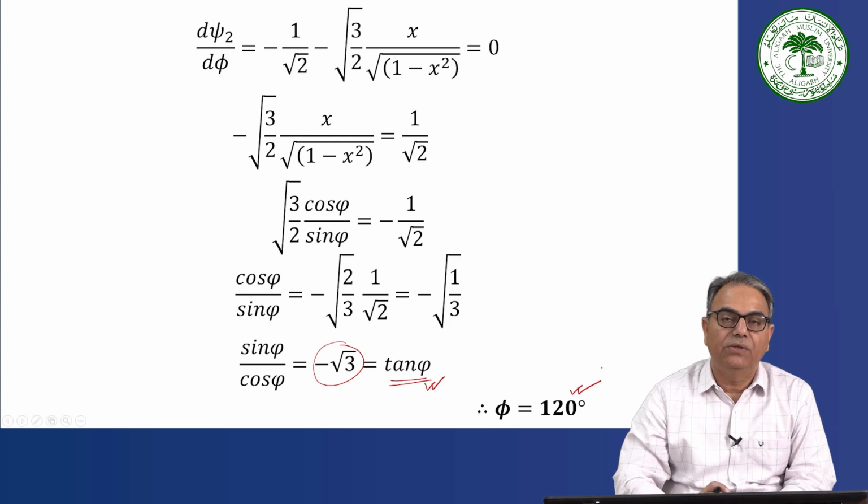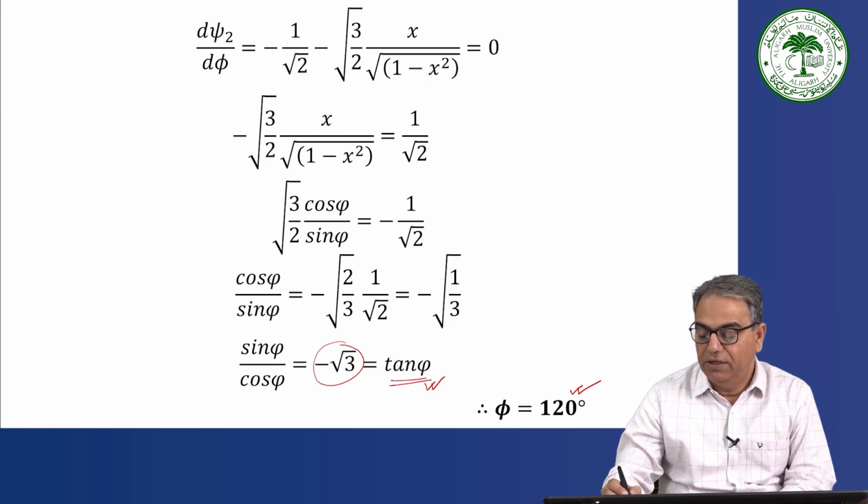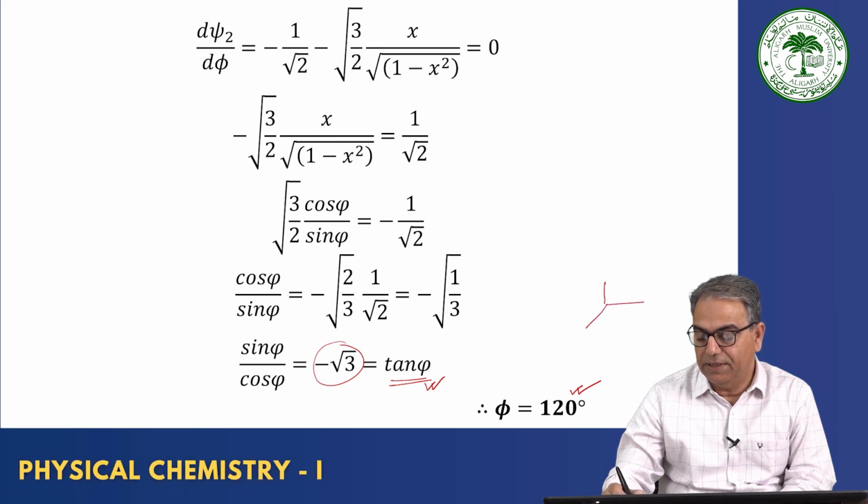So we found the angle between the lobes. Means what we have found, what I said to you, is that if it is your xy plane, then I have put the psi 1 here or h1 here, whatever you want you can write. Then the next psi 2 will be at 120-degree from the psi 1.